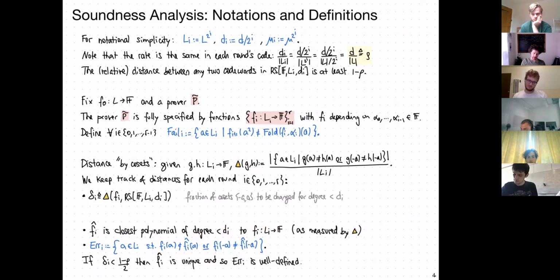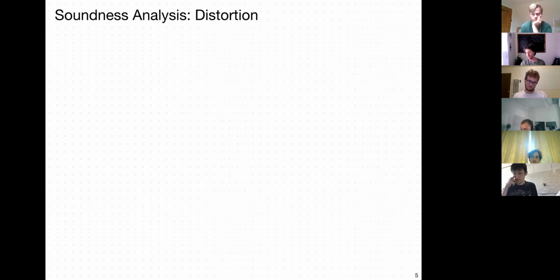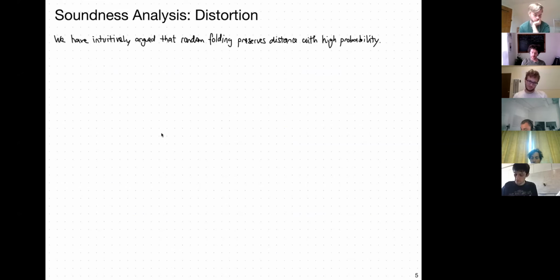Okay, so let's get into the more interesting part, which is distortion. What is distortion? That's one of my favorite parts in the FRI protocol. We intuitively argued that this random folding should preserve distance with high probability, right?